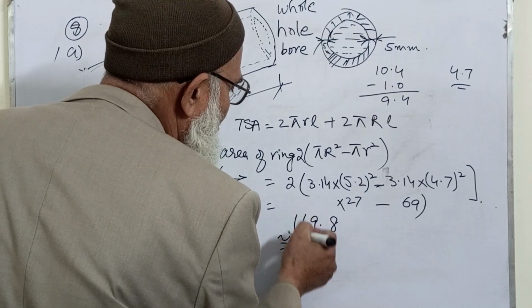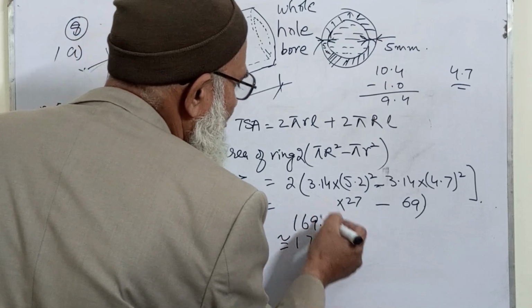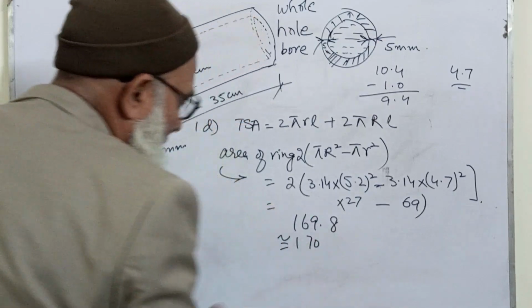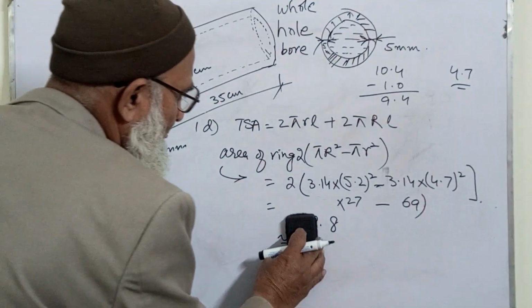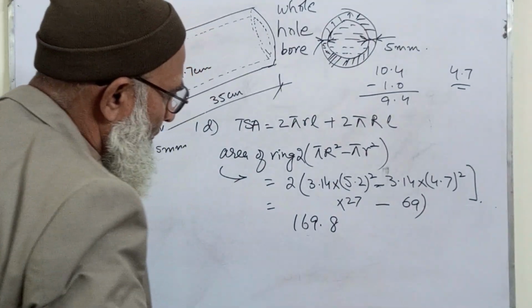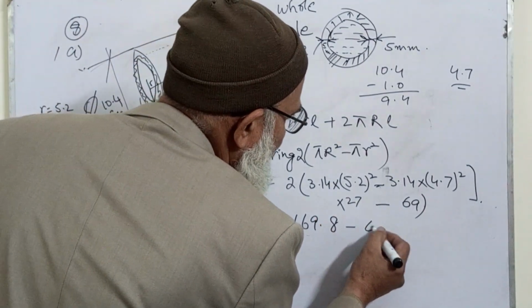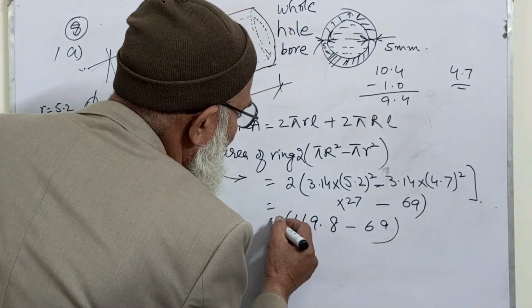Now this is multiplying minus 69 multiplied by 2.